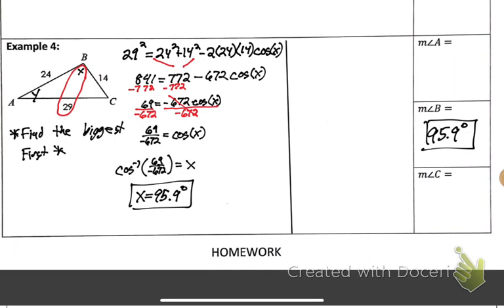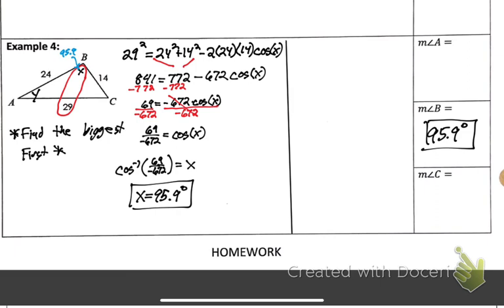Why can I now use the law of sines when I couldn't before? Joseph? Because now you have an angle across from the side. Because now I have an angle across from that side, because that x right now, we now know that value is 95.9.